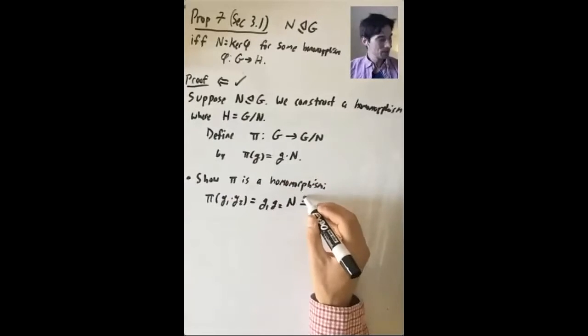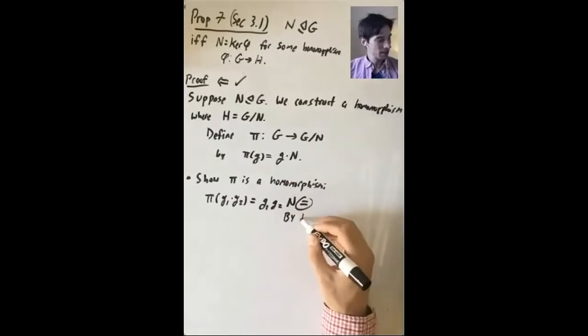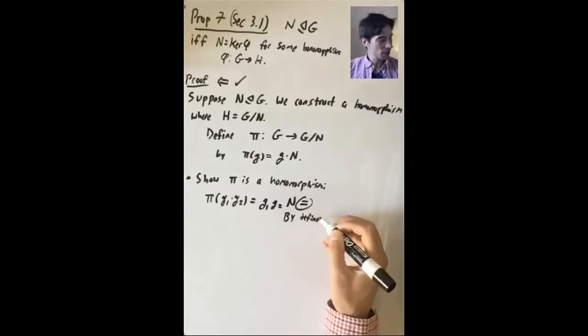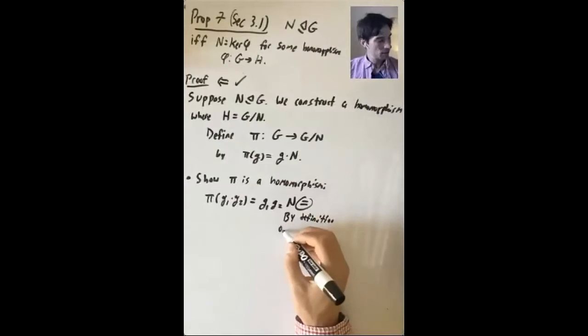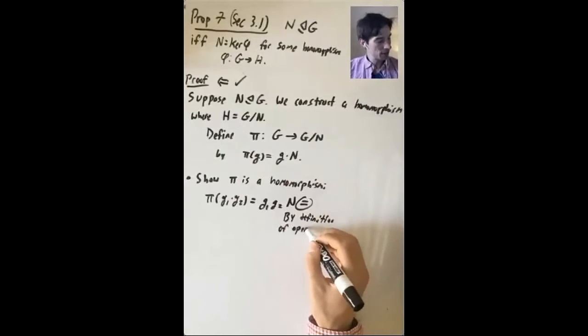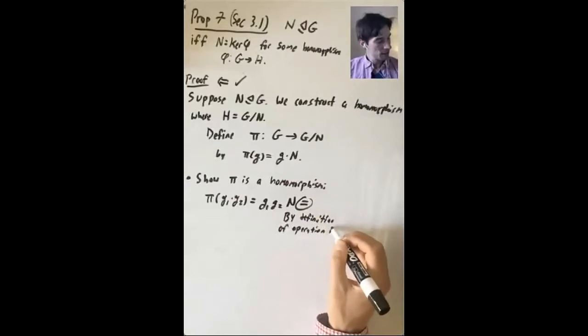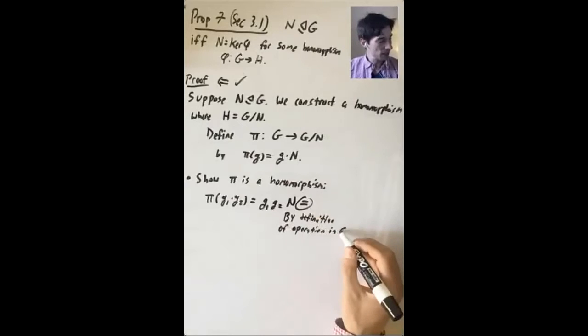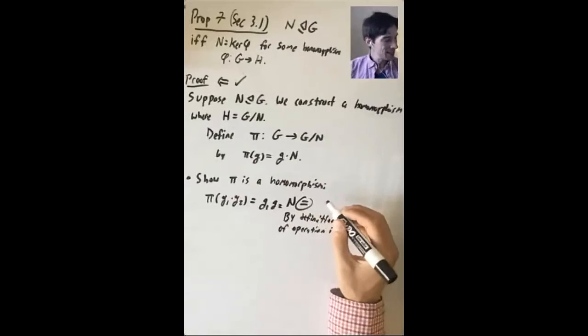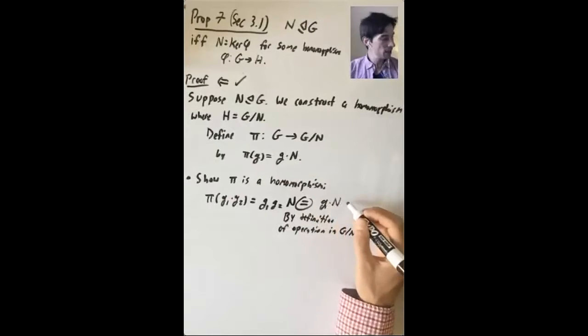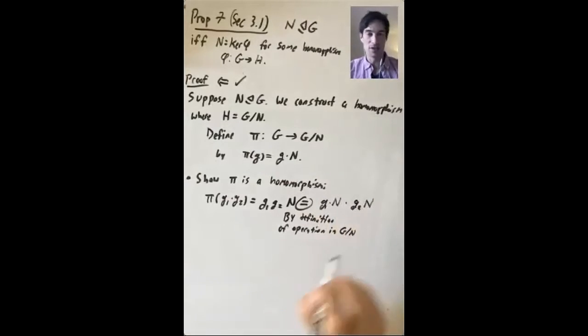But then, by the definition of the group operation in the right-hand side, in G mod N, this is the left coset of N containing g1 times the left coset of N containing g2.